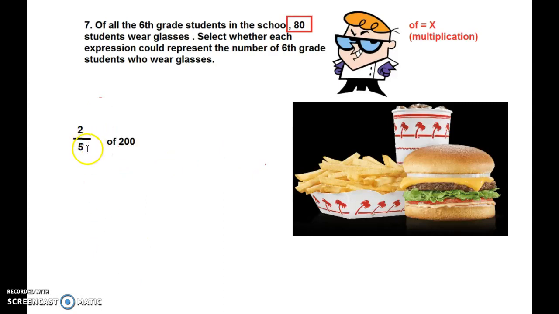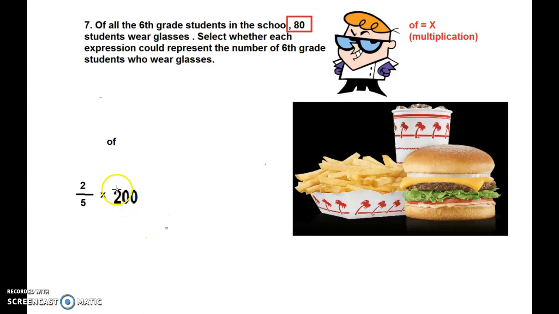On this one, we have 2/5 of 200. So we know 2/5 of is going to turn into multiplication. And then we have 200, right? But we can't do a whole number.